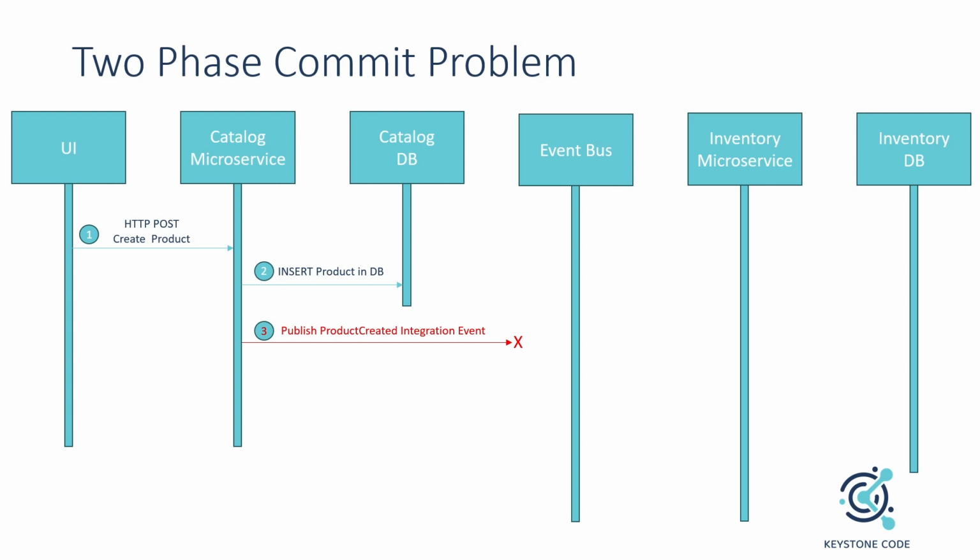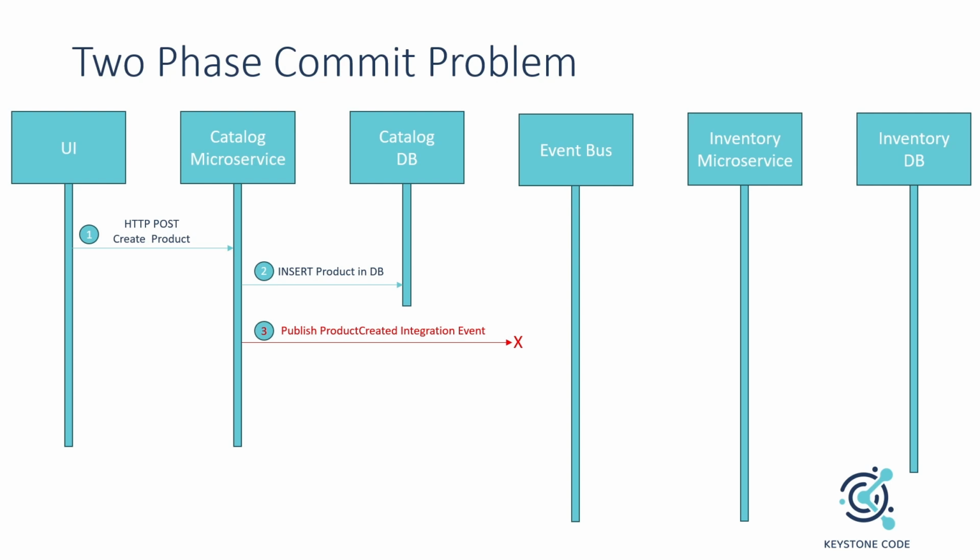But we never get the acknowledgement back that it stored the message, so we assume the message did not get through, and now we roll back our insert. Now we've ended up with the opposite situation, where we've told the event bus this has happened, and so we've put out our integration event, but we never put it in the database because we never got the acknowledgement back, and we just assumed, oh, that must mean that the message did not go through. Therefore, I'm going to roll back, and we're in an invalid state.